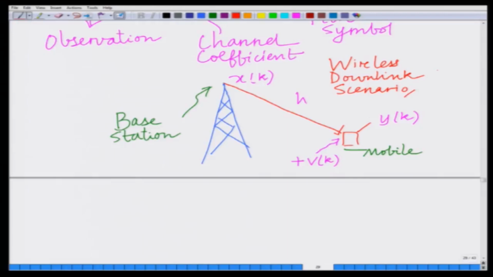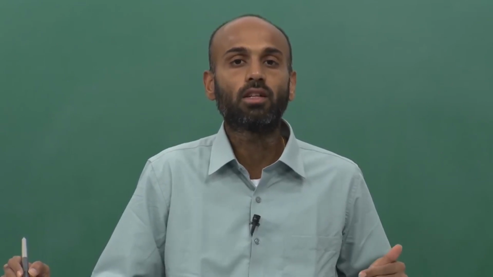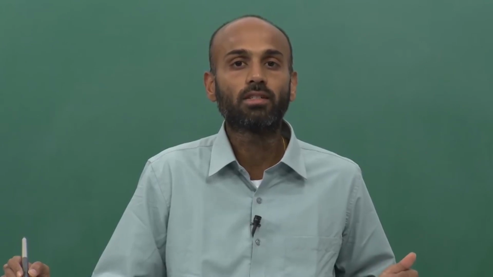This is a simple wireless downlink scenario where a base station is transmitting to a mobile. The base station transmits the symbol xk that travels through the channel with channel coefficient h, and the received symbol at the mobile is denoted by Yk, and of course, there is also additive noise Vk at the receiver.